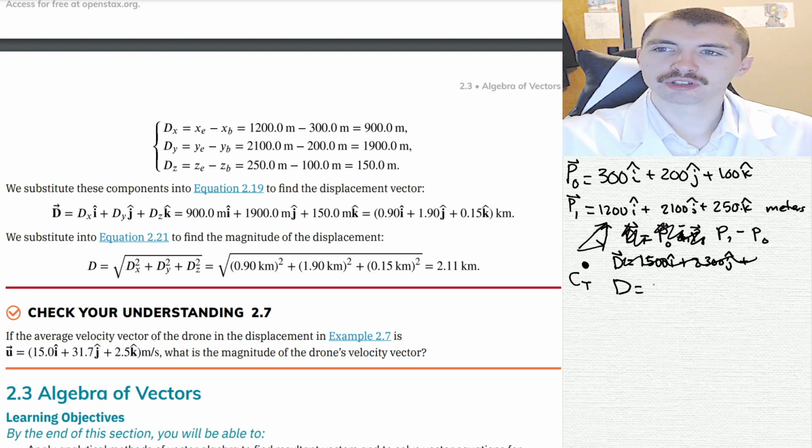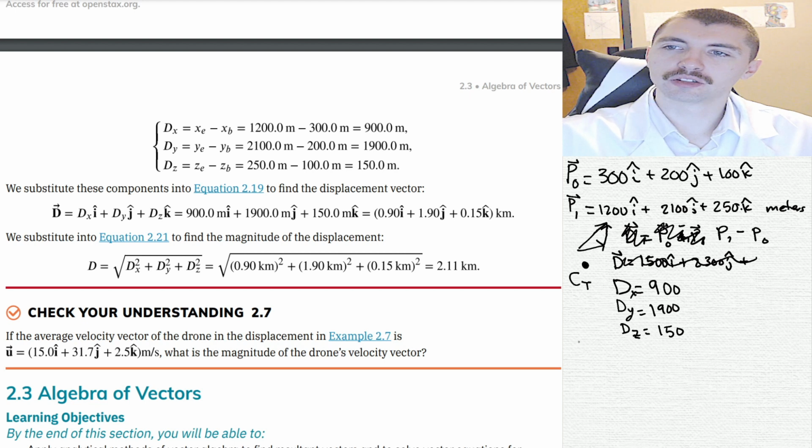So the displacement magnitude is 9, 150.